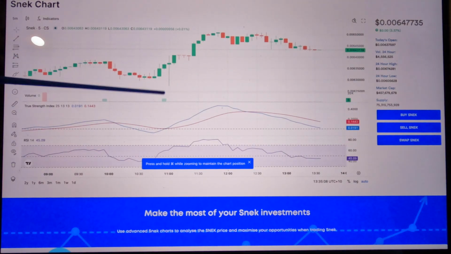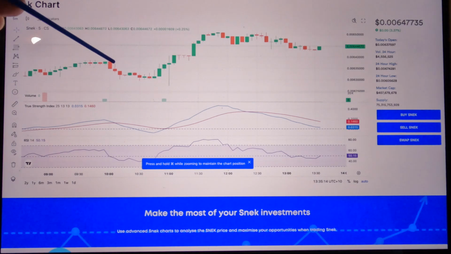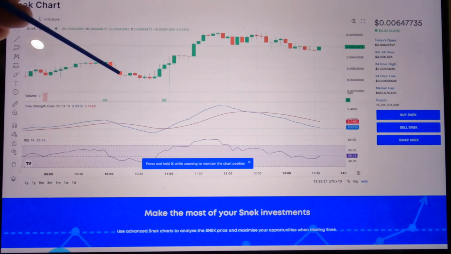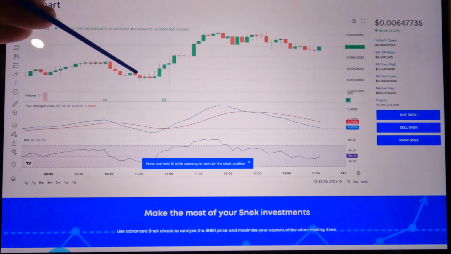And same if it was coming down. If you're coming down here, you see your sell pressure. So it's sold hard, big sell pressure here. Then it's dropped again real hard, and then there's a bit of buy pressure, good buy pressure, a little bit of buy pressure, buy and sell pressure, not sure what's going on.